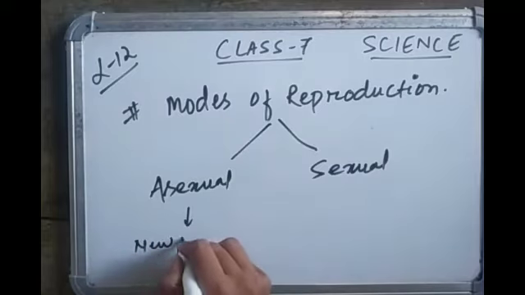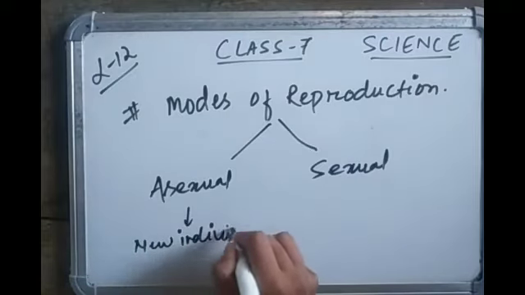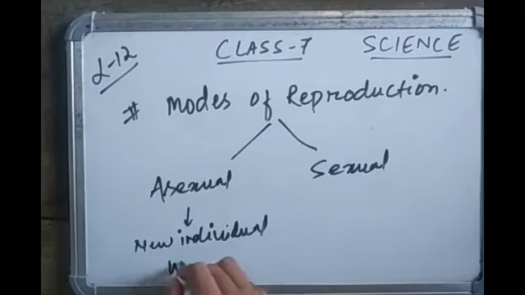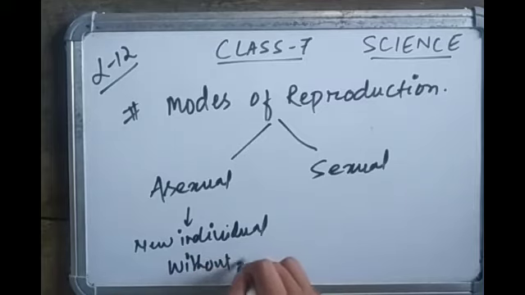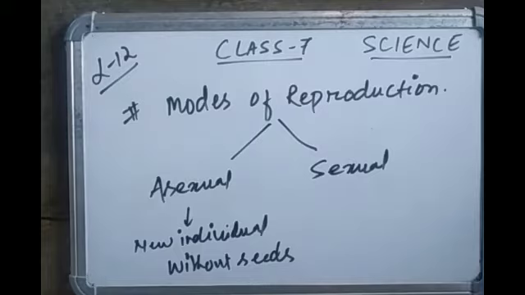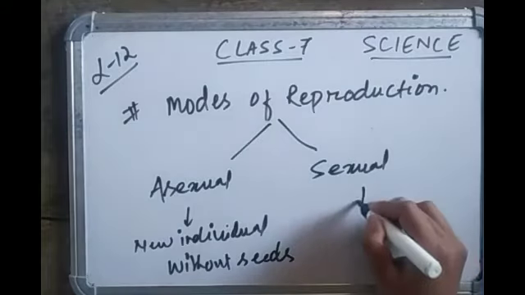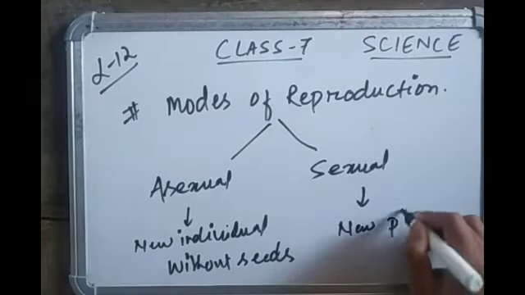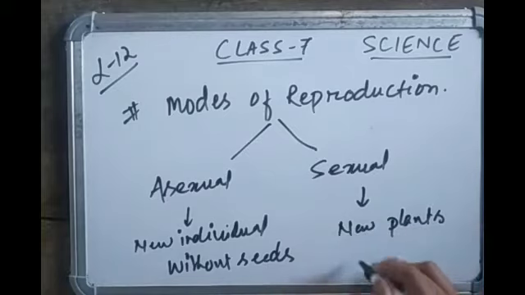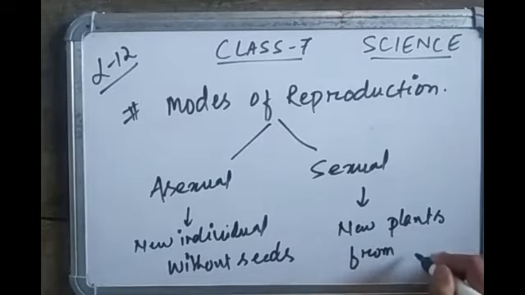In sexual reproduction, new plants are obtained from seeds.